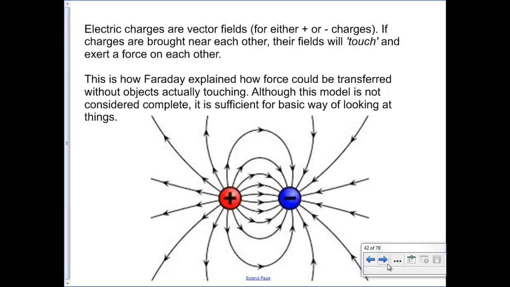How do I want to describe this? You guys ever seen diagrams like this where they have lines and arrows pointed everywhere? These are called vector field line diagrams. Basically, the short answer for how these things work is that it's based on a positive test charge.